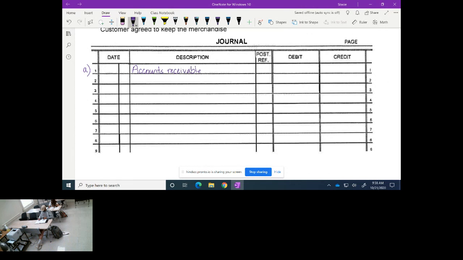If y'all did your reading guide, you saw some other accounts, like you would have seen estimated returns inventory. There used to be another layer to a return. And I don't know why they took that out of the book, but it's still in my reading guide. That kind of surprised me, but whatever. In all of these examples, they're saying that the materials or whatever were damaged or defective, and the customer's going to just keep it.